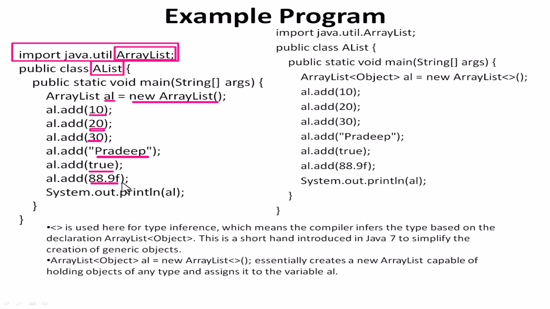Now all the objects you have added to the ArrayList should be printed on the screen. So System.out.println(al). This is the old kind of method defined in Java.